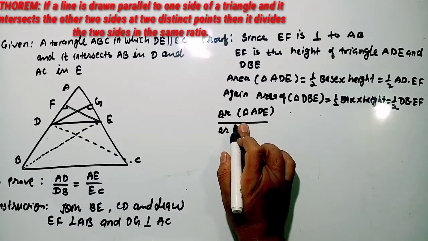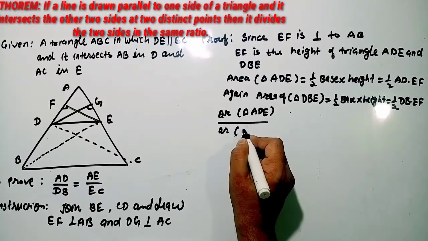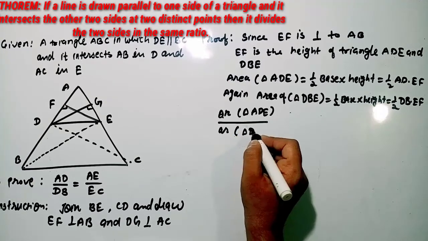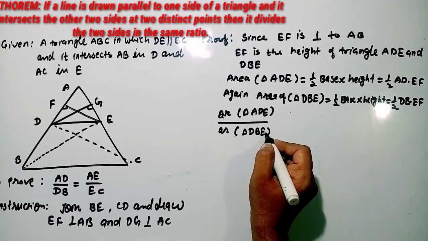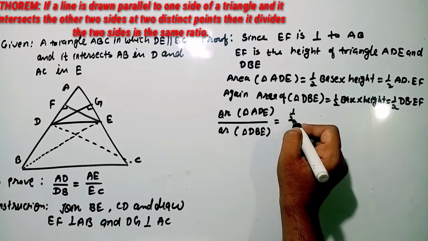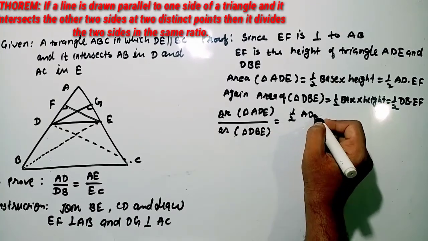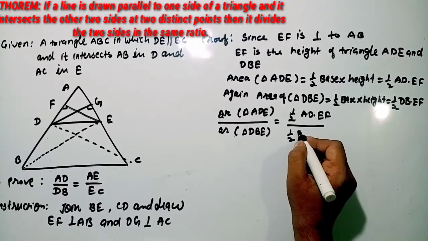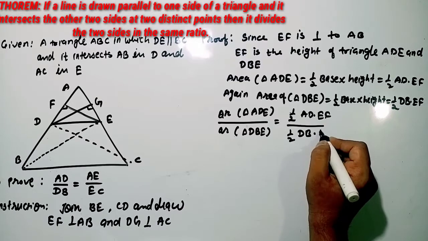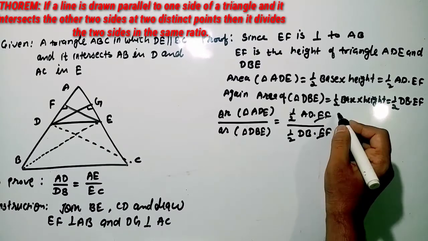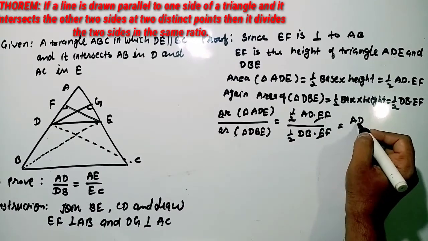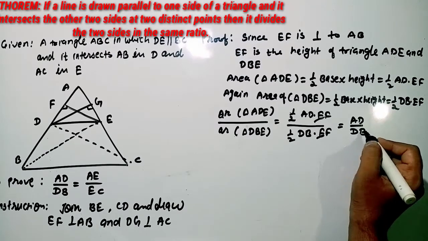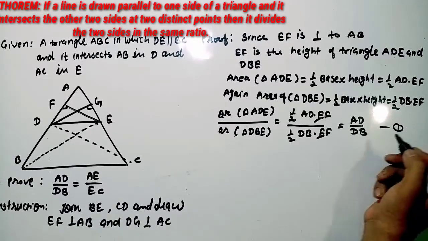So we are getting 1 by 2 AD into EF, divided by 1 by 2 BD into EF. So here EF and EF will be cancelled, 1 by 2 will be cancelled. So we are getting AD upon BD. This is suppose result 1.